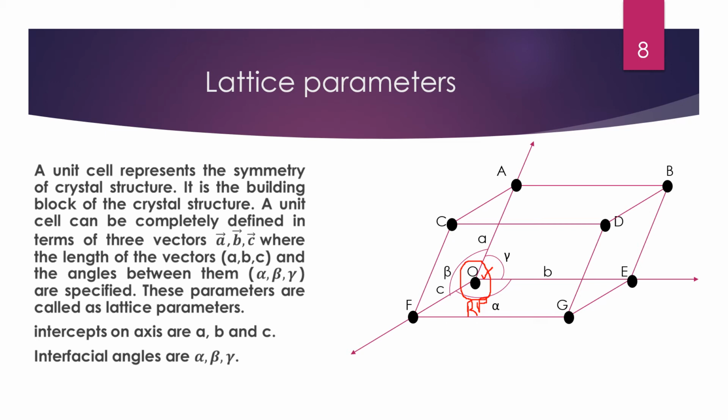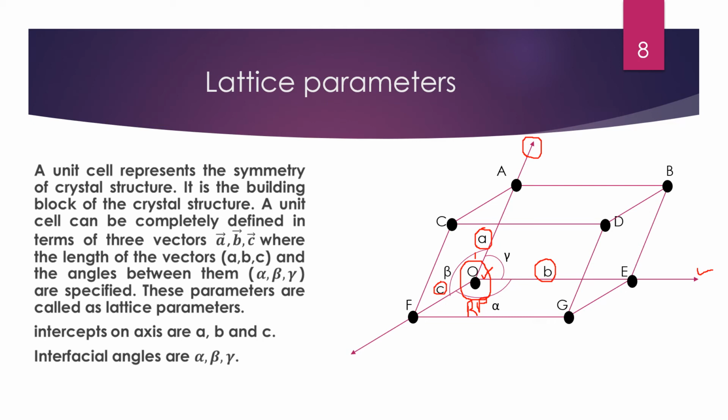For example, along this direction, which is a random direction and depends on the chosen unit cell, if the gap between O and capital A point is small a, then this small a is defined as the crystal lattice length of that vector. Similarly, along another direction, the gap is b, and along the third direction, the gap is c.